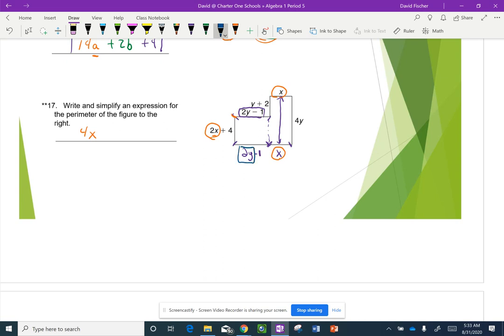I have 2 y's there, 4 there, so that's 6. Here's another one, 7, and 2 more, 8, 9. So I have 9 y's. And now I'm going to get my last one, which is my units. I have 4 here. I have a minus 1 there, so that's 3.